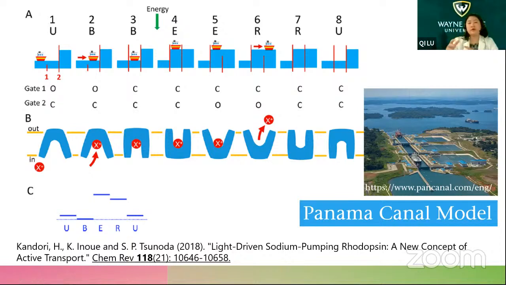At the resting state, the inner door is open, and after a conformation change, the inner door is closed and the outer door is open. From the energy side of view, we can say that it can really be comparable to the canal.